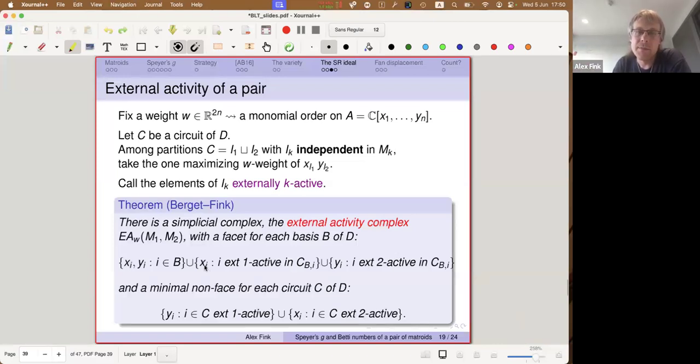So if something was externally 1 active, I give it an X above, now I'll give it a Y. Externally 2 active, I give it a Y above, now I'll give it an X. So that gives you a colored circuit, which is not a subset of the colored basis B if my circuit is CBI. And again, there's something to check to show that actually these two things describe the same simplicial complex.